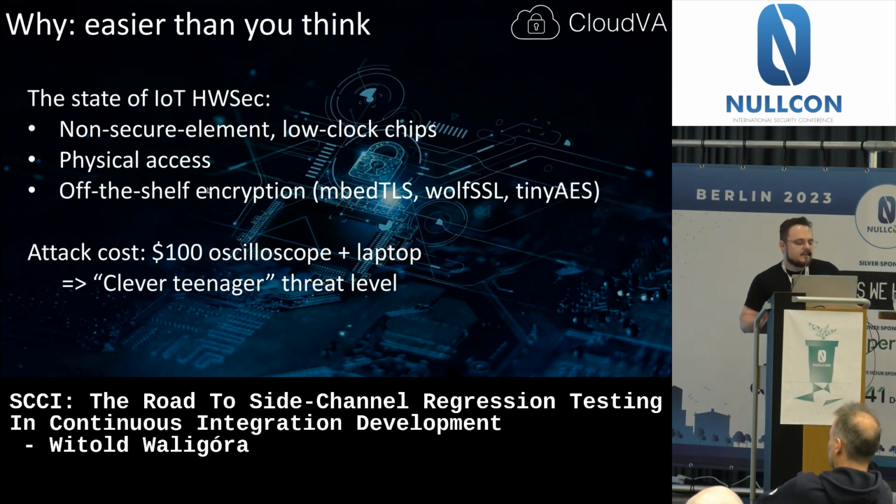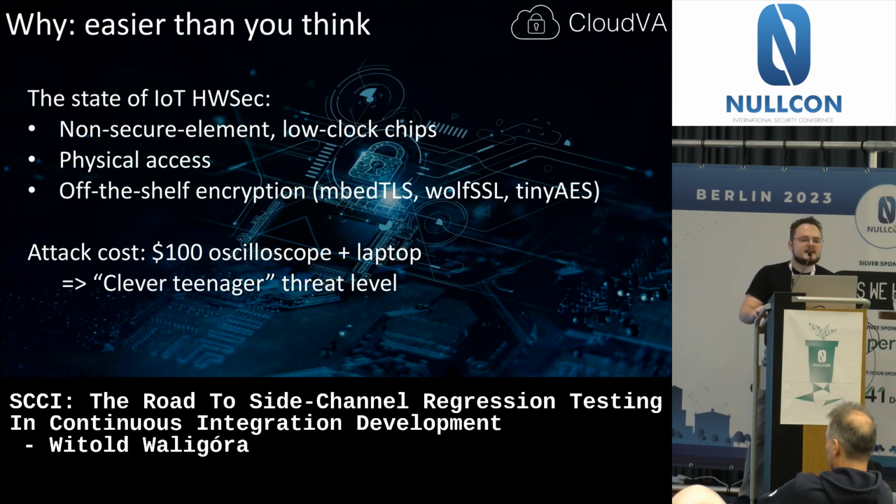So here's how the state of IoT hardware security looks. Mostly it's non-secure elements, because secure elements are expensive, so most of the projects don't deploy secure elements. And most of the chips are low clock, so a couple megahertz maybe, maybe not even that. And customers have physical access to them. Obviously, because that's IoT, you sell these devices, you deploy them in the world.